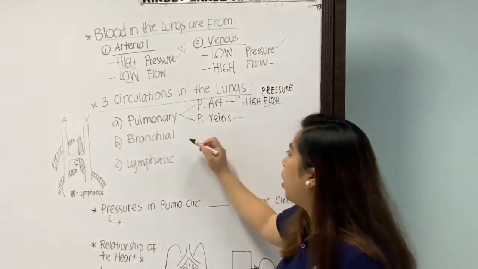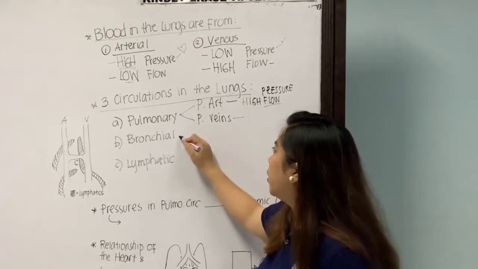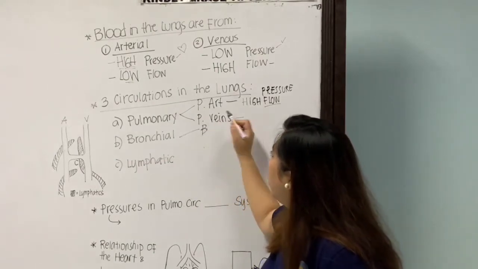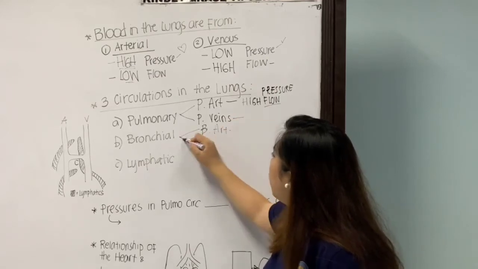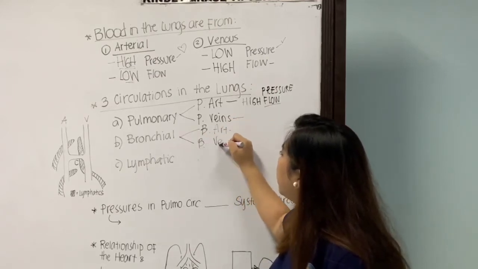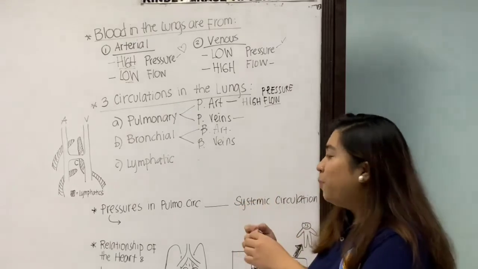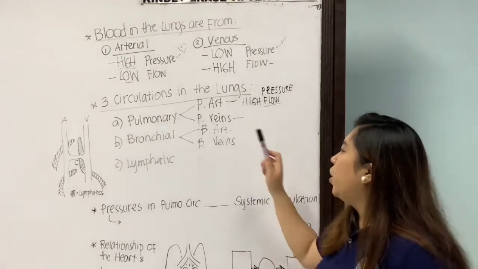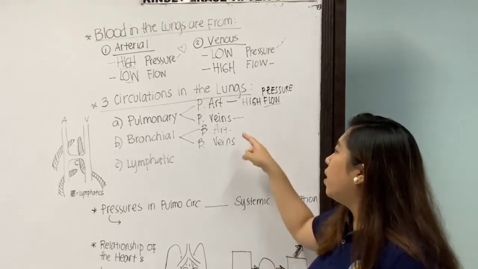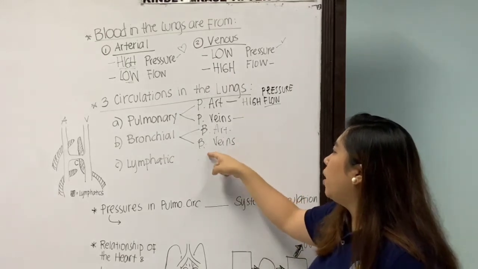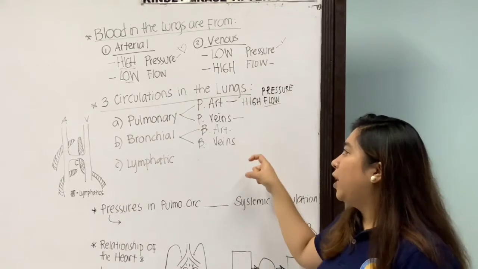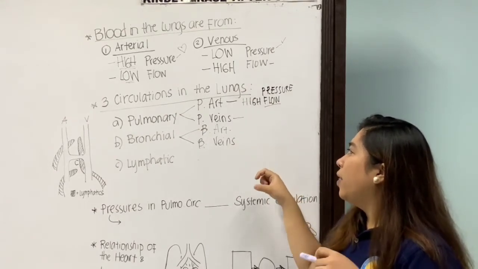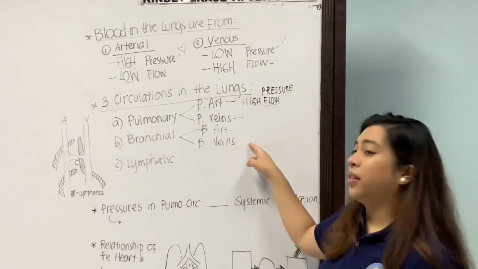Next, we have your bronchial vessels or your bronchial circulation. Underneath here, you have your bronchial arteries and your bronchial veins. Basically speaking, your bronchial arteries carry oxygenated blood and your bronchial veins carry deoxygenated blood, and they supply specifically the little parts, or the bronchioles, found in your lungs.